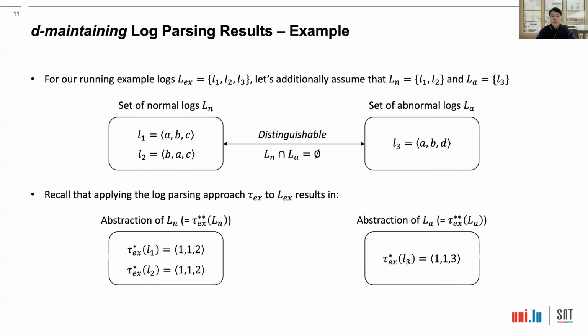After the abstraction, we will have this abstraction of normal logs and abstraction of abnormal logs, which are 112 and 113 respectively. And then again, we can see that the normal and abnormal logs are still distinguishable even after this abstraction. And we can say, okay, the log parsing result is distinguishability-maintaining, meaning that the distinguishability has been maintained after the abstraction.